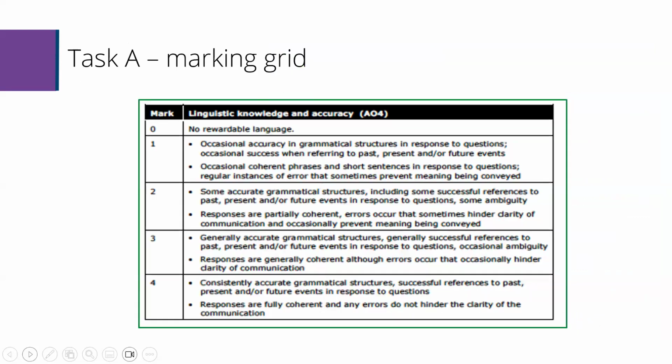And then the task is also marked for linguistic knowledge and accuracy. So consistently accurate grammatical structures, successful references to past, present, and or future events in response to the questions. And keep in mind, we're only insisting on 2 time frames, present and either past or future with this, because remember that question about the past or future hypothesis was either or.